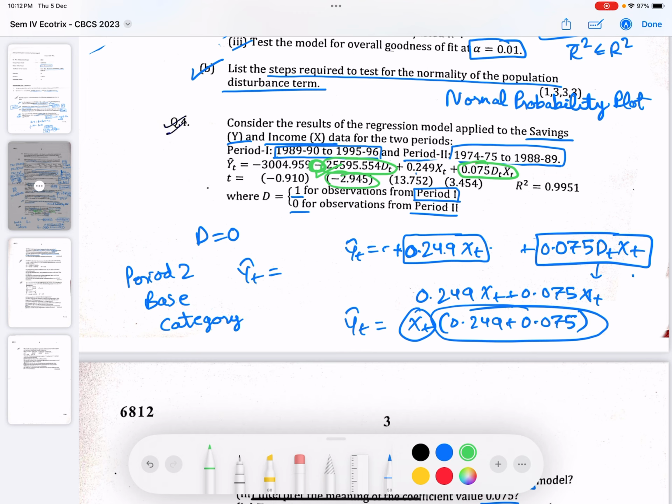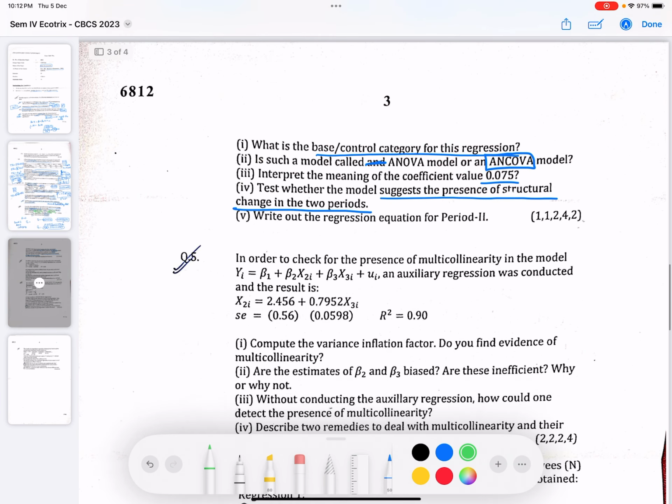And since this slope coefficient, the extra incremental slope, is also significant and positive, this would mean in period 1, the savings rate, or the MPS, marginal propensity to save, is higher. So there is presence of structural change in the model.